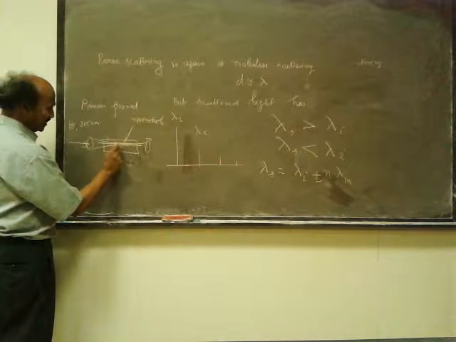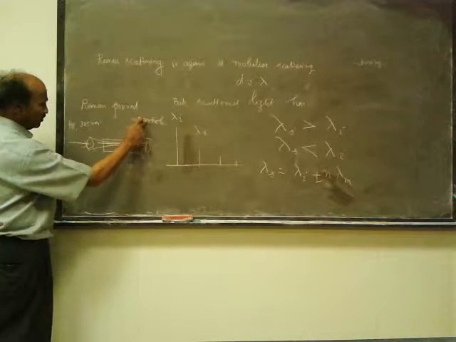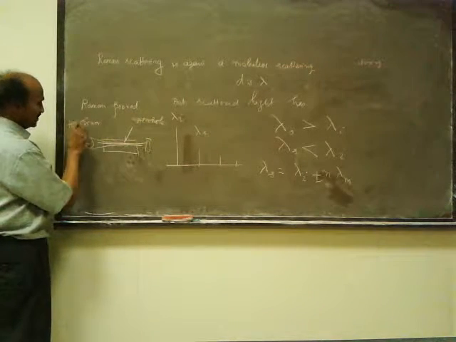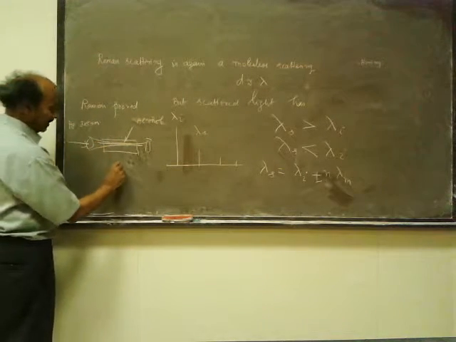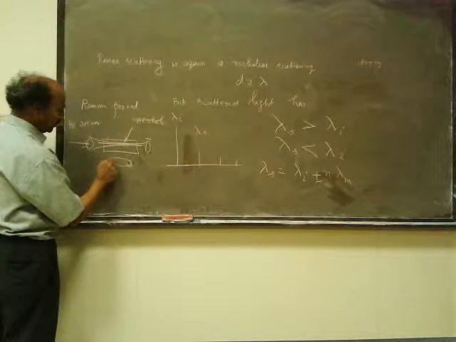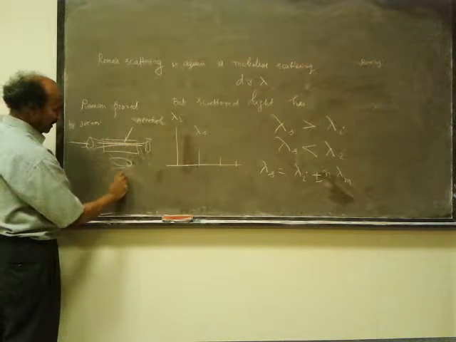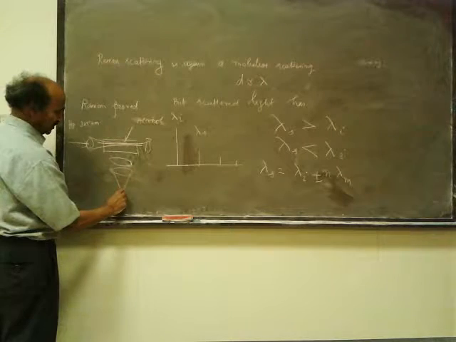Then look at this one. The alcohol molecule interacts with the light of 365 nanometer. Then collect the light here using a lens. Another lens, then you focus it here.